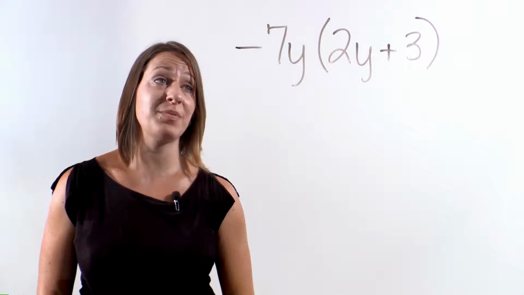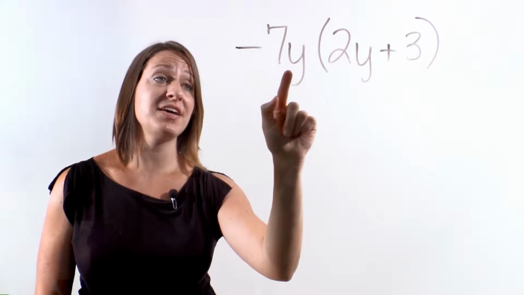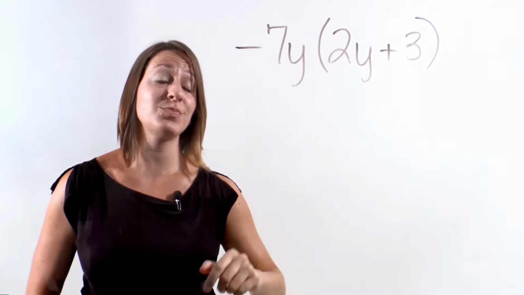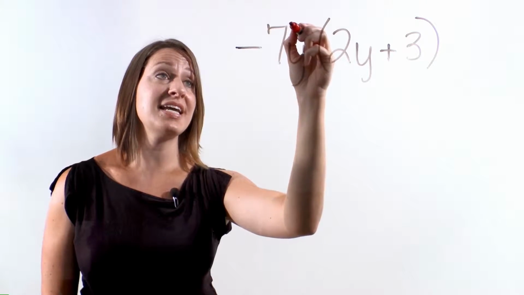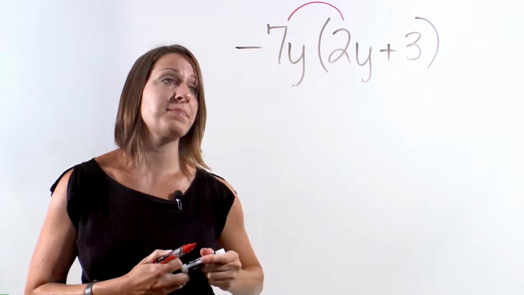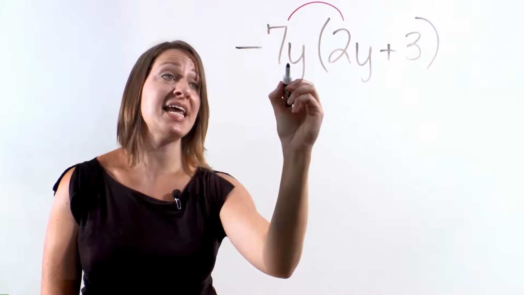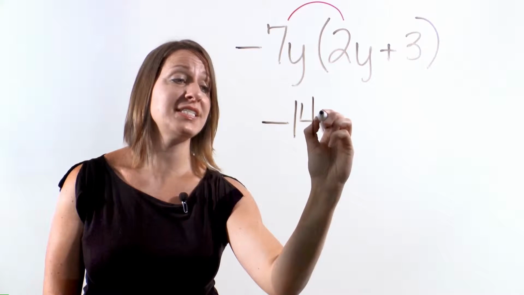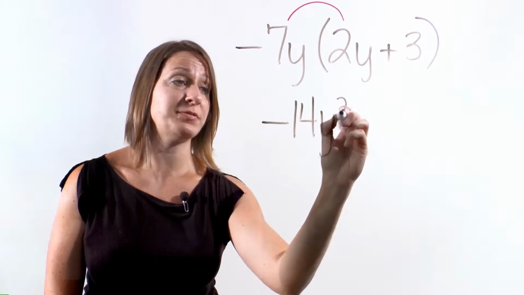So here's another example. This is negative 7y times 2y plus 3. Let's multiply this. This is negative 7y times 2y. That gives us a negative 14y squared.